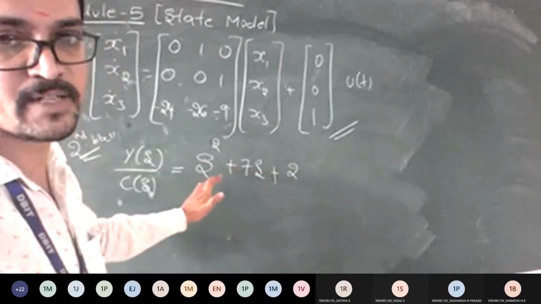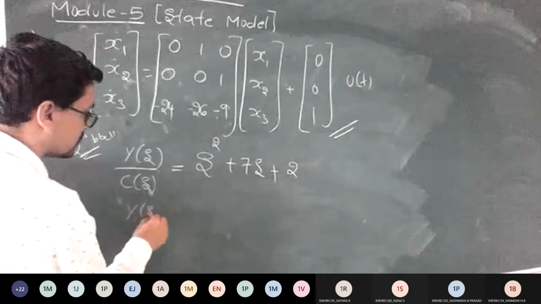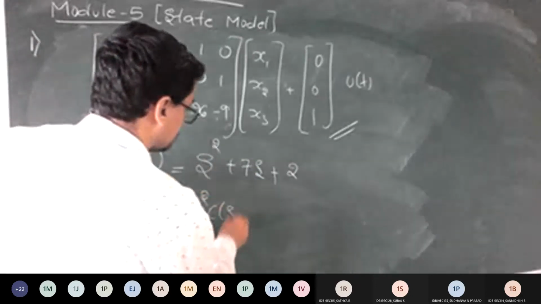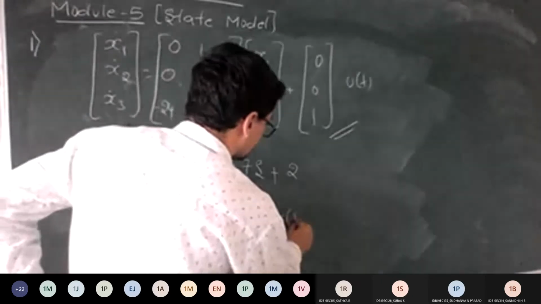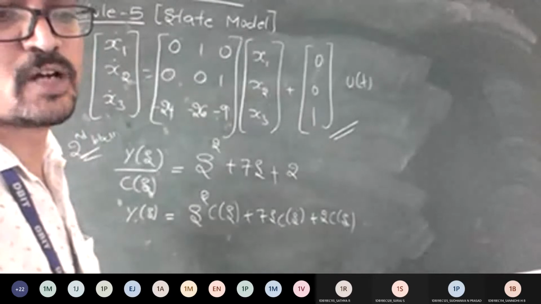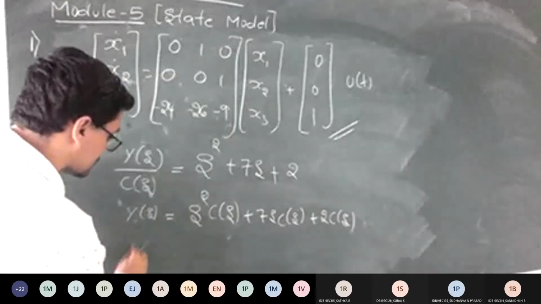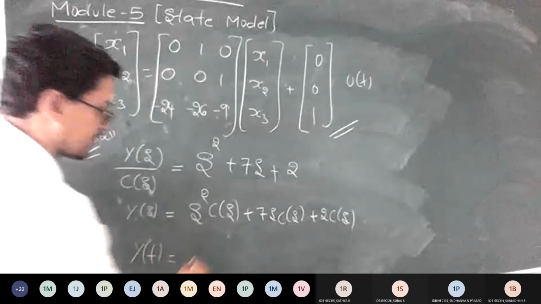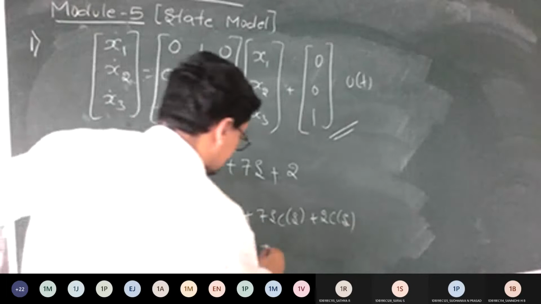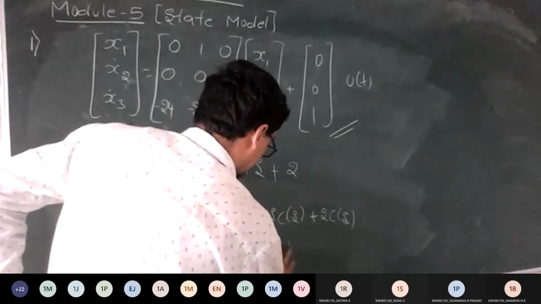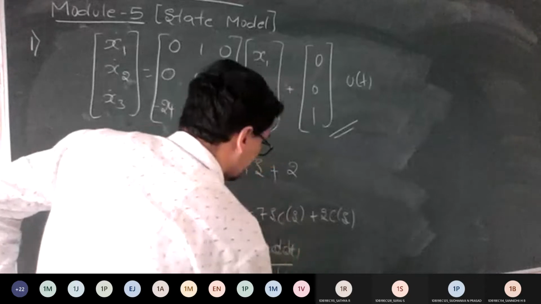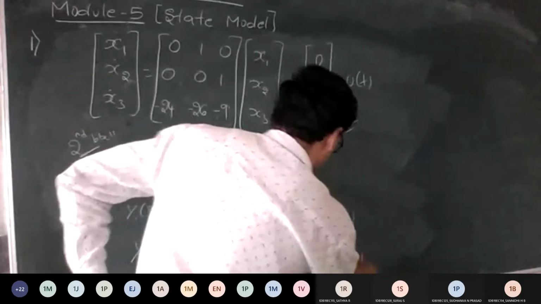So now again the same thing, cross multiply. I can write Y of S is equal to C of S cross multiplied, so let me multiply for the complete term. So this is how it looks, correct? Now tell me what is the time domain for this. Y of t is equal to d square C of t by dt square plus 7 dC of t by dt plus 2 into C of t.